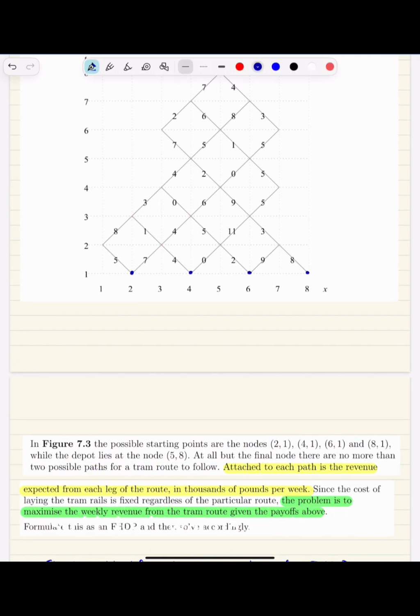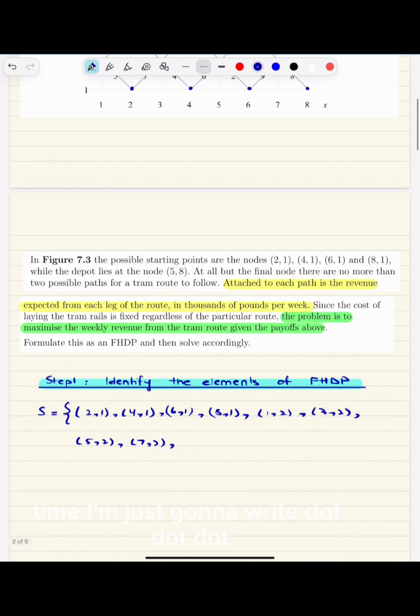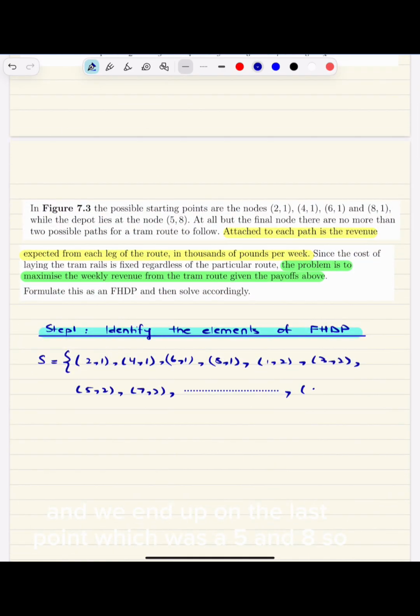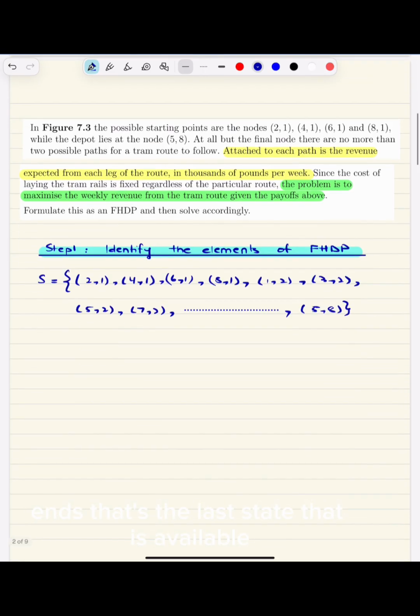So I don't want to waste time. I'm just going to write dot dot dot, and we end up on the last point, which was 5,8. So everything ends. That's the last state that is available. So these are our state variables.